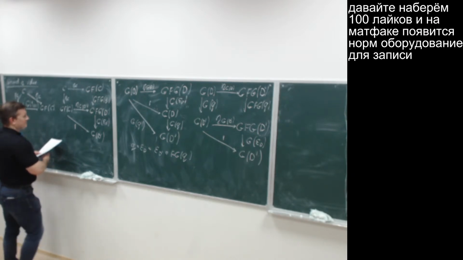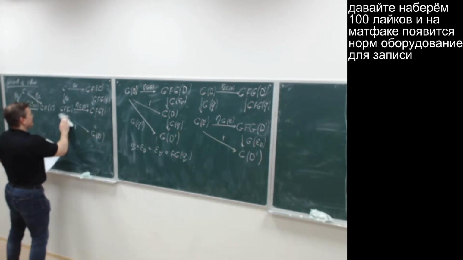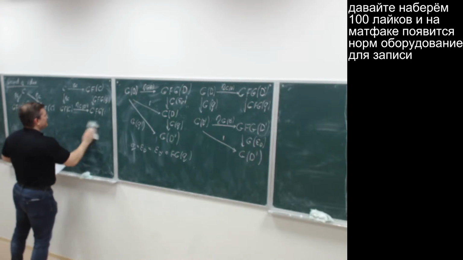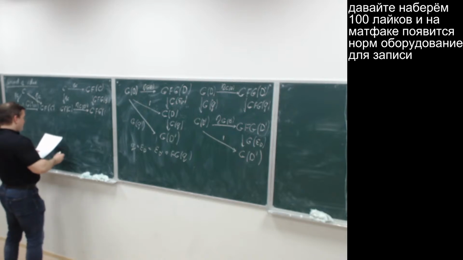Sorry, I missed something. I kind of started with the correct diagram, and then I use the diagram that we used before. Sorry, that's not the right thing to do.